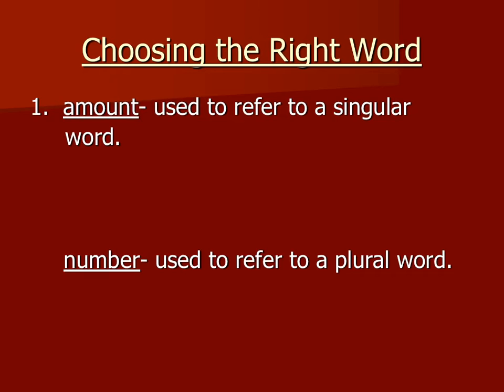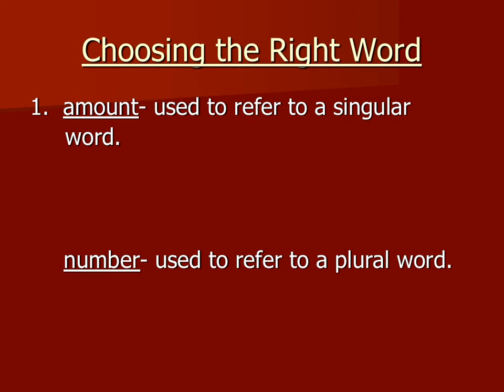Amen. All right, so the first two sets of words that we're going to use are amount and number. When you use the word amount, it's going to refer to a singular word, or what you might want to think of as an uncountable noun. There's an amount of oil that's spilled in the garage.